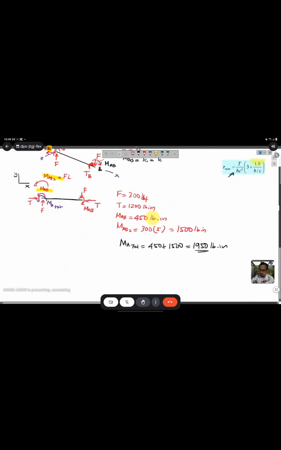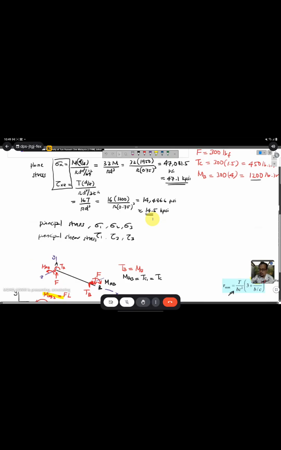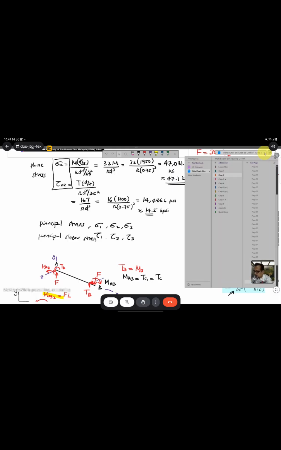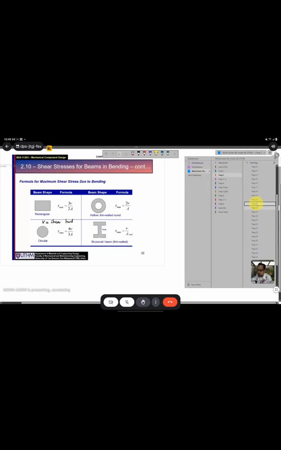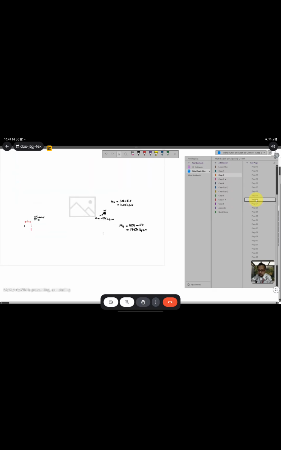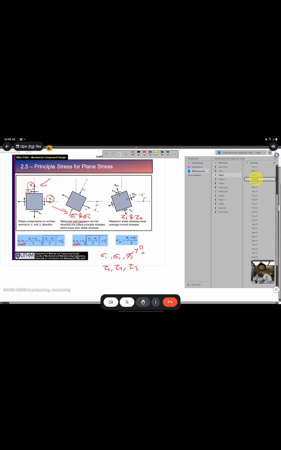Okay, so how do you calculate? You just use the formula. No need to draw the Mohr circle. Just look back at the formula. Okay, so this is the formula.